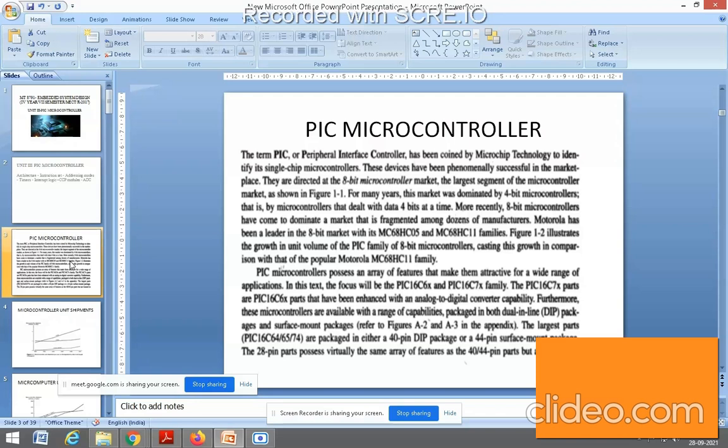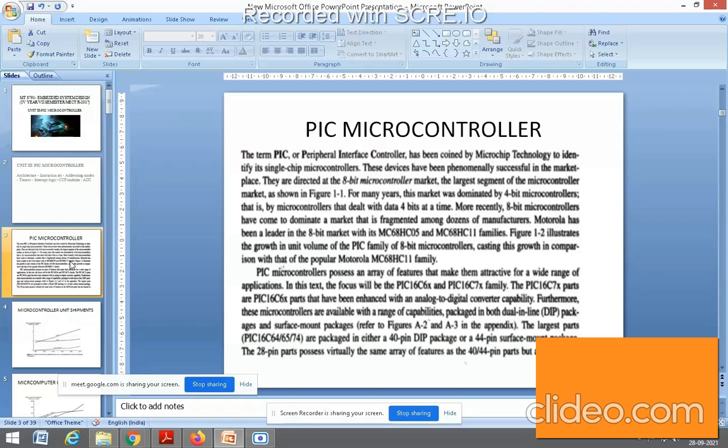PIC 16C7X parts are PIC 16C6X parts that have been enhanced with an analog to digital converter capability. So what's the difference between C7 and C6? We are enhancing the C7 family with the ADC. In C6 there won't be any ADC circuit, but in C7 it is enhanced with the ADC circuit. That's the difference. The other things are similar.